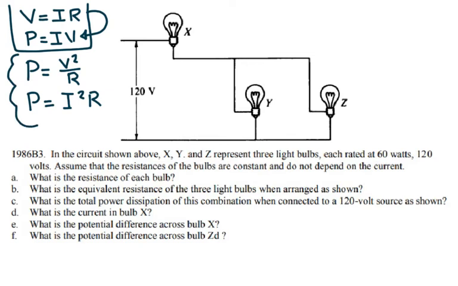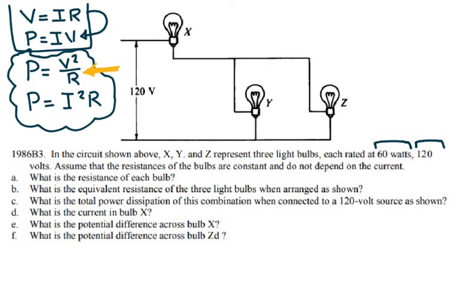So these are formulas that you can derive from the other two formulas that are usually given on the AP exam. Here they tell you that the power is 60 watts when it's connected to a 120 volt source. I can use the top formula, because the power and the voltage are given, to calculate the resistance.